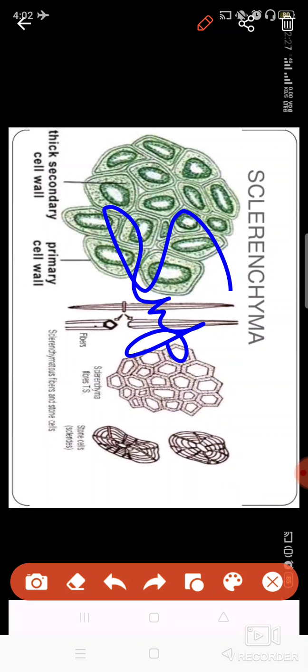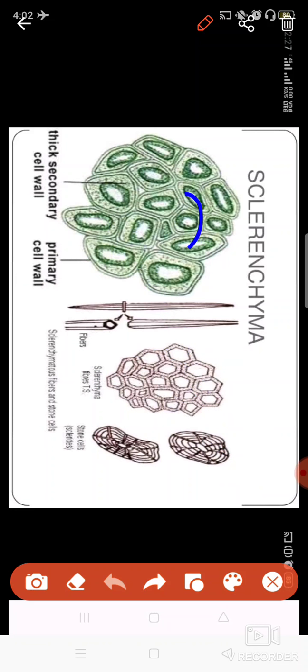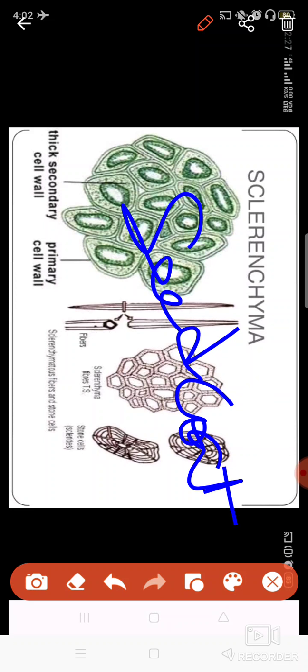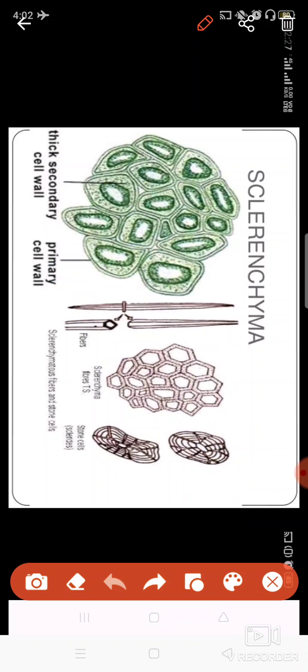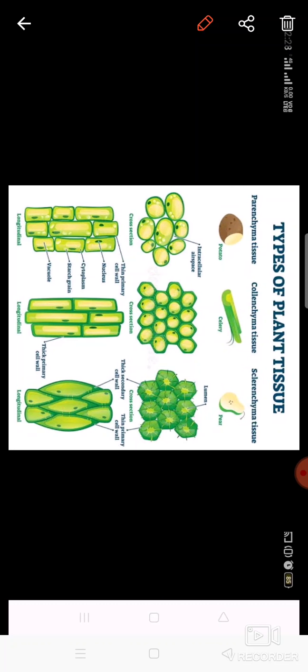In the seed coat of the plants, in the leaves, in the fruit walls. The peels of the fruit are made up of sclerenchyma. You have seen that the husk of the coconut is made up of sclerenchyma fibers. So now you see how hard it is.